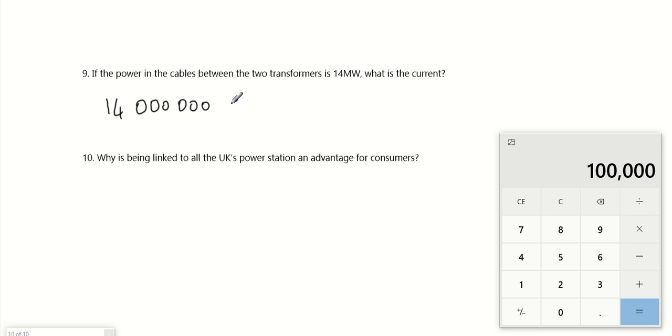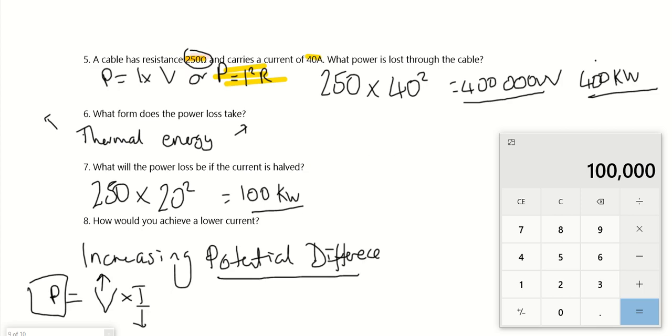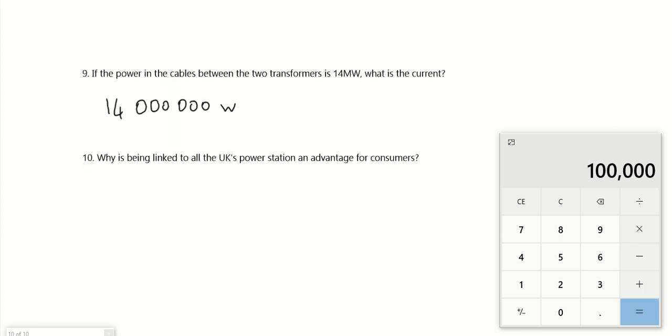We've got I and V. P equals I times V, or I squared R. And what do we want to know? The current. Now we've got R equals 250 ohms. So if we use the equation P equals I squared times R.